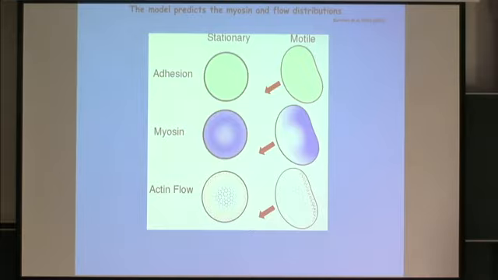The first thing we did, we took this model and made two simulations. You saw already in the polarization movie that the cell first is like a disk. In the model, where's the direction? When the direction of the myosin is generated, you say that there's no direction.